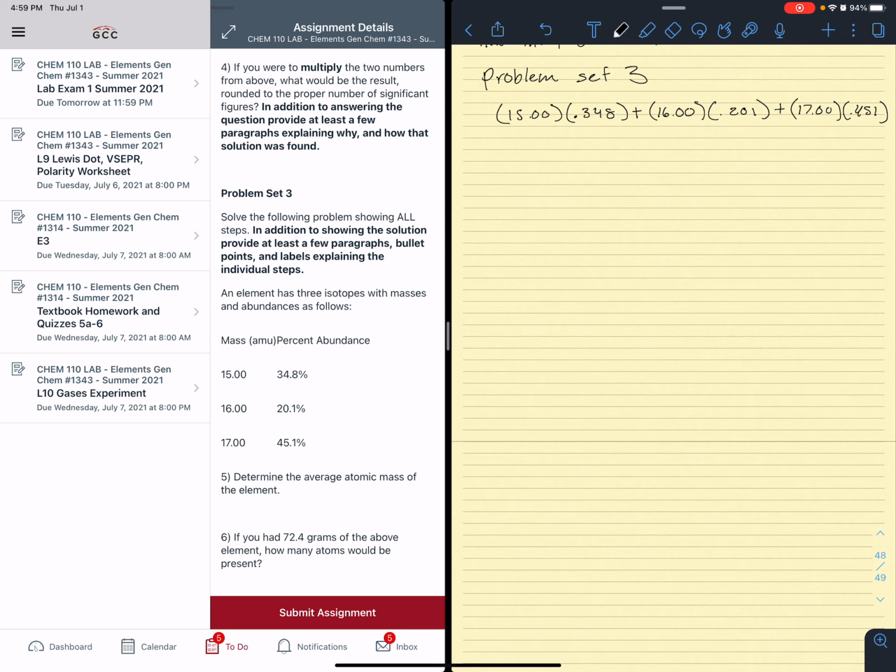Now you just input this in the calculator. You can use anything. I'm just going to use my phone because I should have had my calculator on hand.